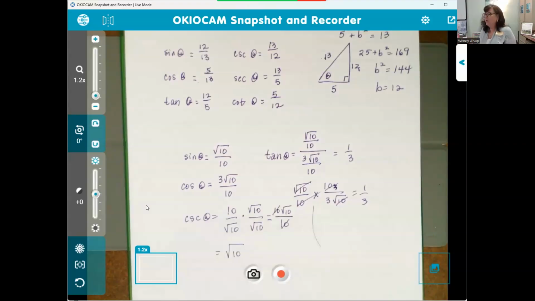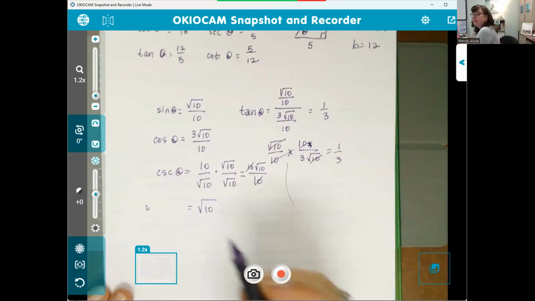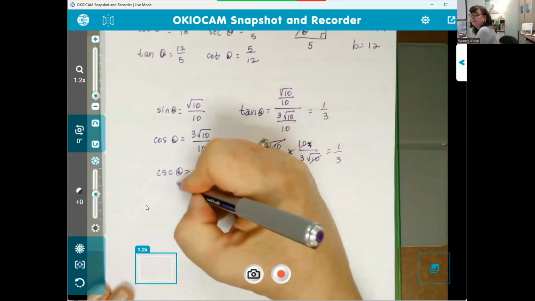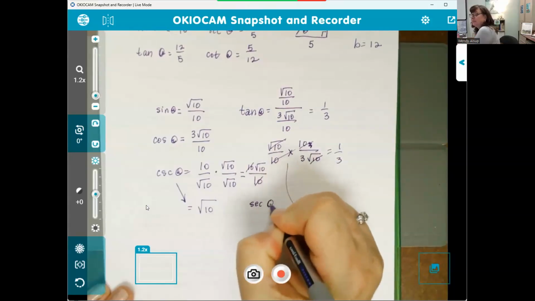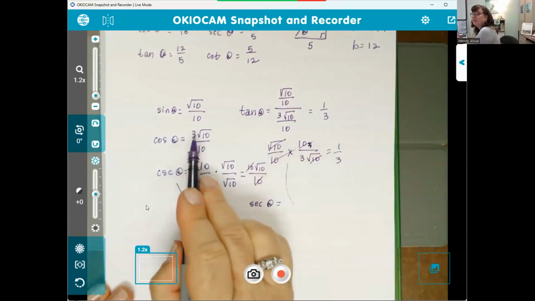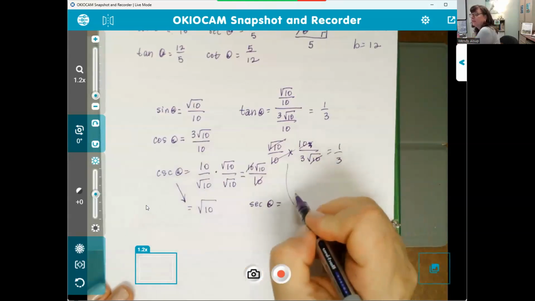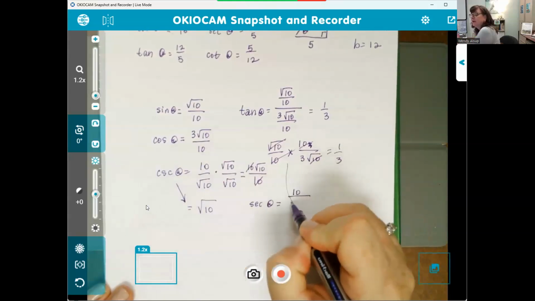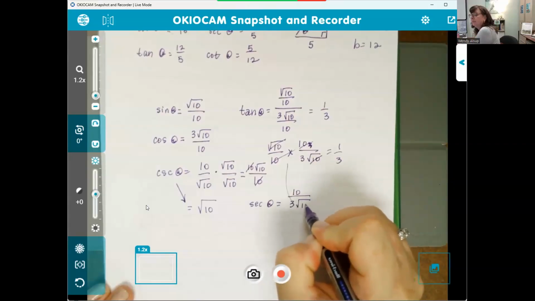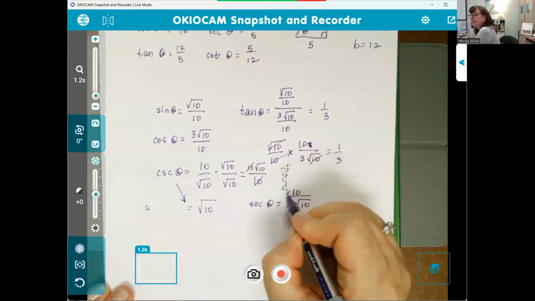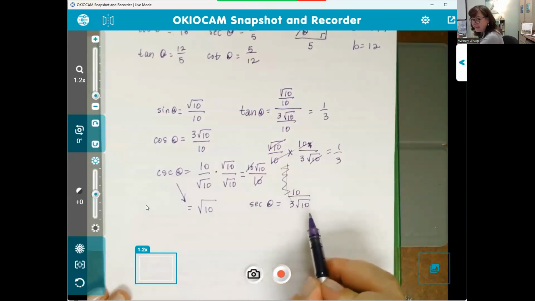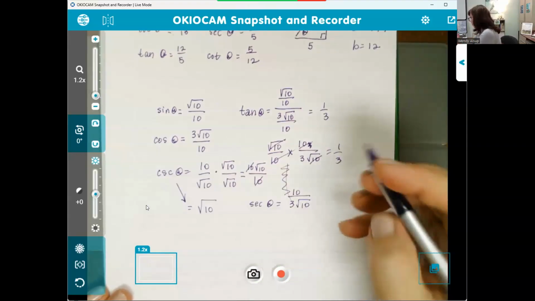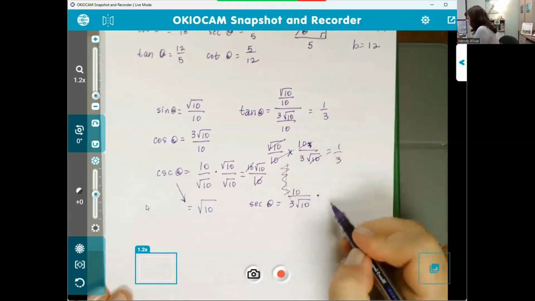All right. How about the secant then? That's cosecant. Secant is going to be the reciprocal of the cosine. The cosine was 3 root 10 over 10. So the secant is going to be 10 over 3 root 10. Pardon my little squiggly line. Cannot leave the square root in the bottom, so we have to rationalize our denominator.